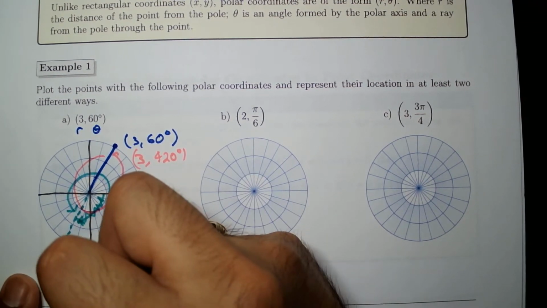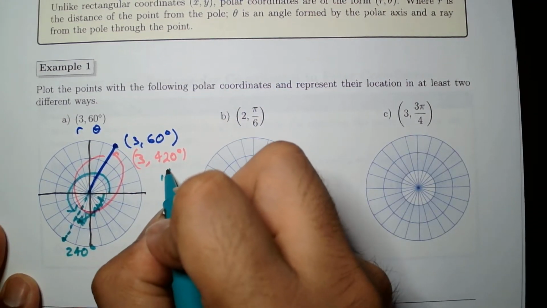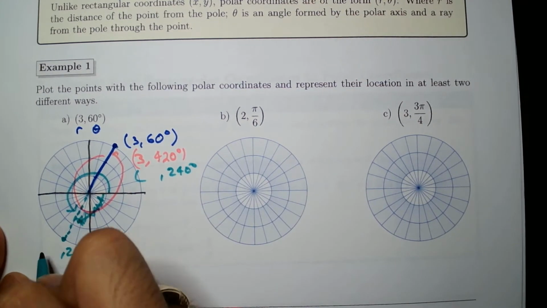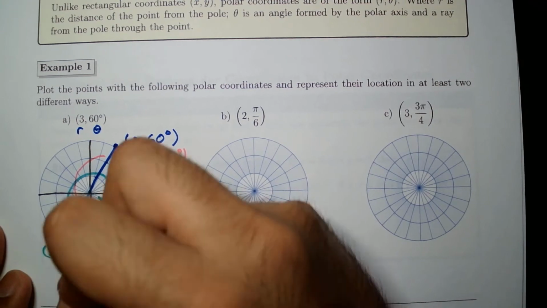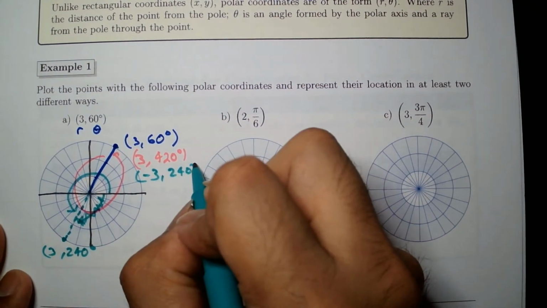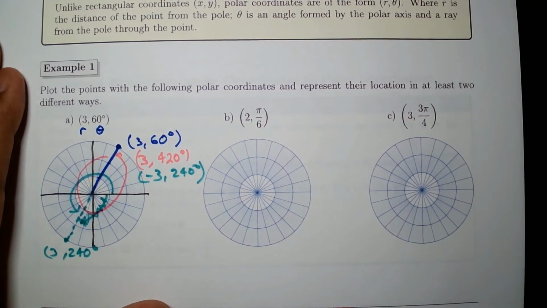So what we do is move this point to the other side, changing the sign of the radius, because if we move it over here, we would be changing the sign of the radius.